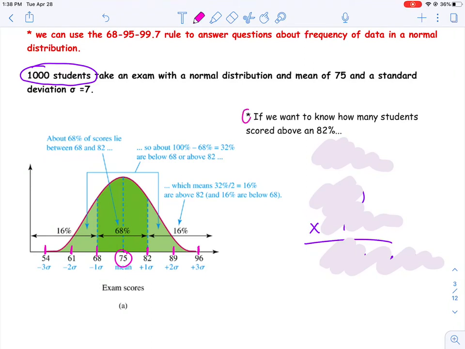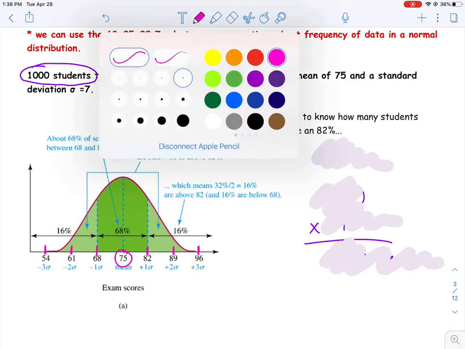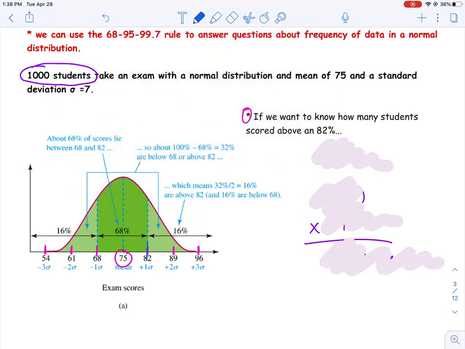In this example, it says that we want to know how many students scored above an 82. When I go back to my chart and find the 82, it's right here, and we know that we are within 1 standard deviation if we fall at an 82. And we know that 68% of the population falls in that category. But it doesn't ask us that.